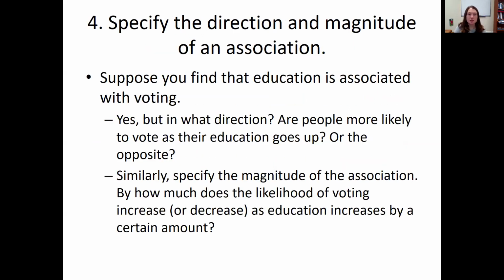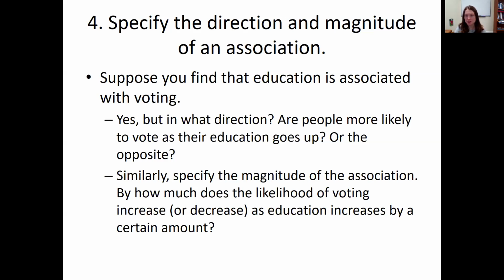The fourth thing when you're writing about numbers, if you're talking about an association, a relationship between two variables, you always want to specify both the direction and the magnitude. Suppose you find that education is associated with voting. Usually you say associated with when you're trying to avoid making a claim about causality that might not be supported.